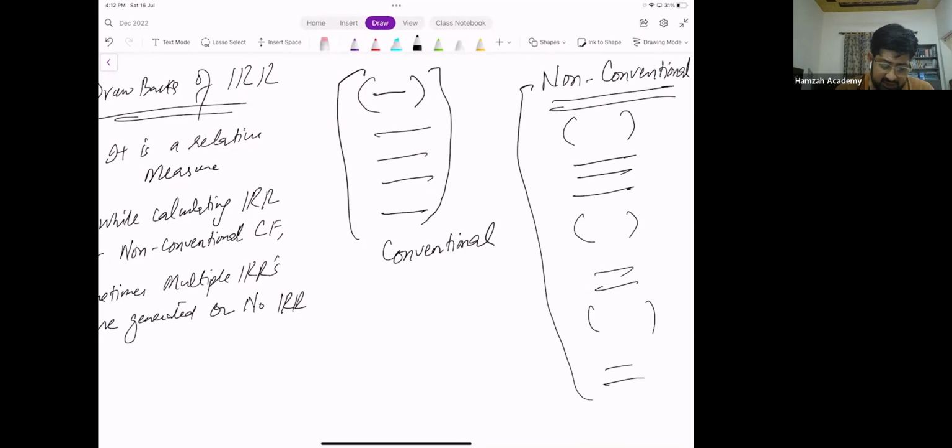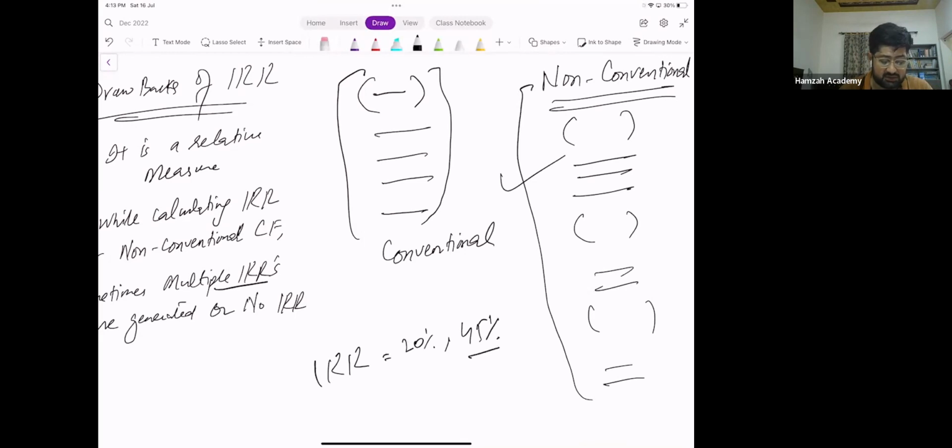When we calculate IRR for such projects with non-conventional cash flow, what happens? Multiple IRRs are generated. It gives more than one answer. For example, 20% and 45%.